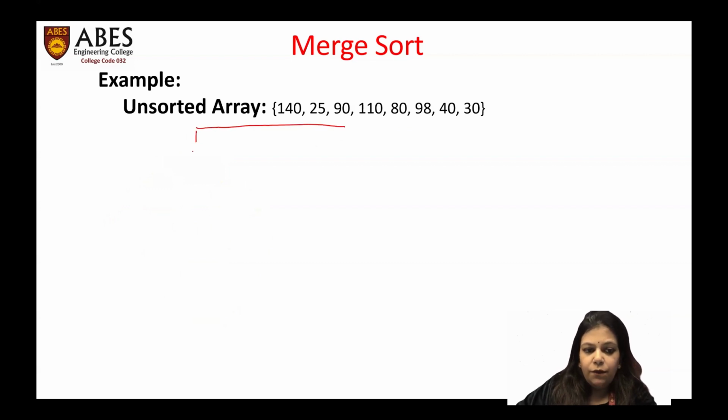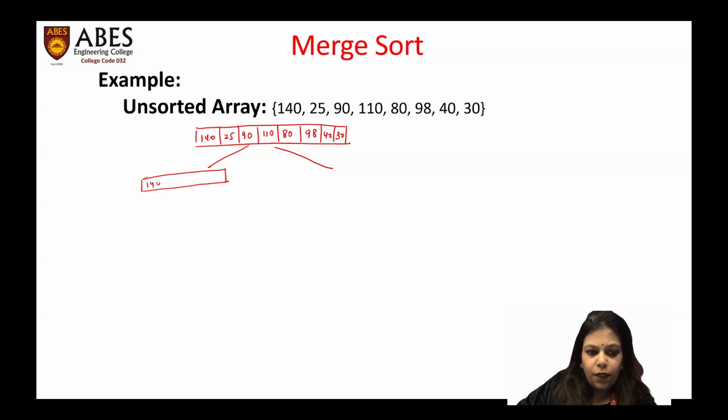Suppose we have this array having elements 140, 25, 90, 110, 80, 98, 40, and 30. This will be divided into two halves, having 4 elements in each half. This will be 140, 25, 90, and 110 stored in one array.